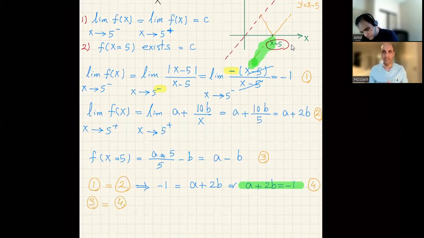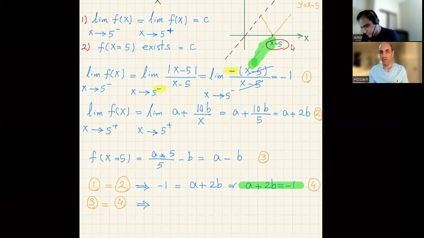Actually, I think number 3 should be equal to number 1. The value should be equal to, because you only have one of the limits, we actually have a value for it, because this one again gives us another equation with unknowns.